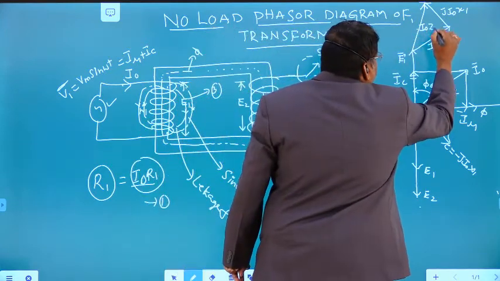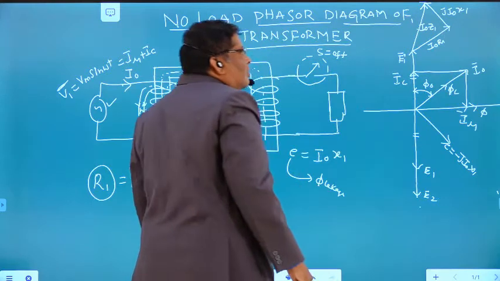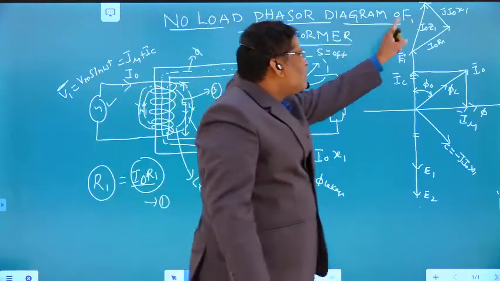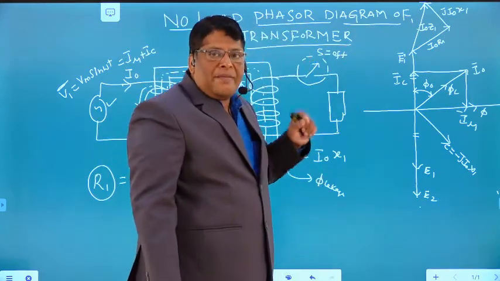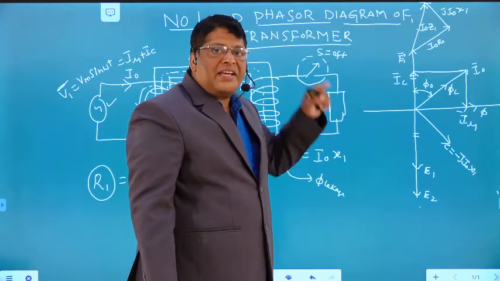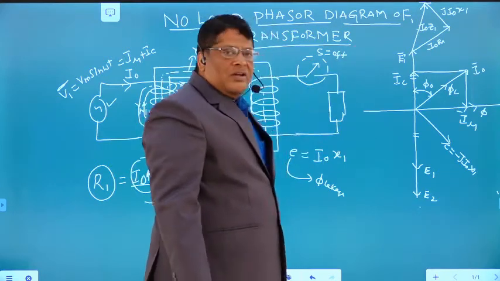I naught Z1 is nothing but the voltage drop in a primary winding. The primary winding has an impedance of Z1.